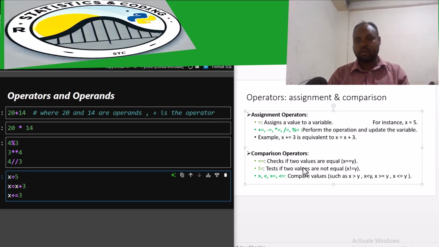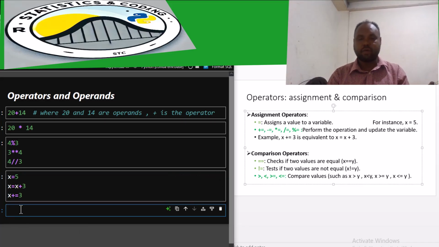The other operators are comparison operators. Now we are coming to equality, not equal, greater than, less than, and other comparison operators. To compare two values, we use the double equal sign.